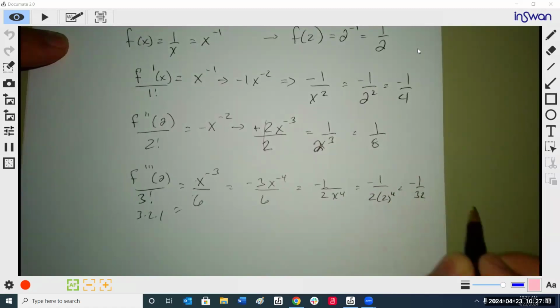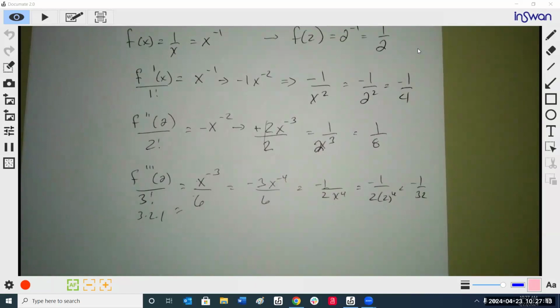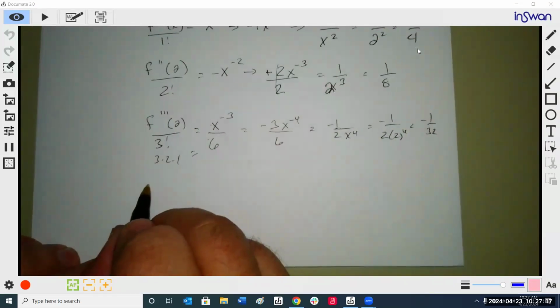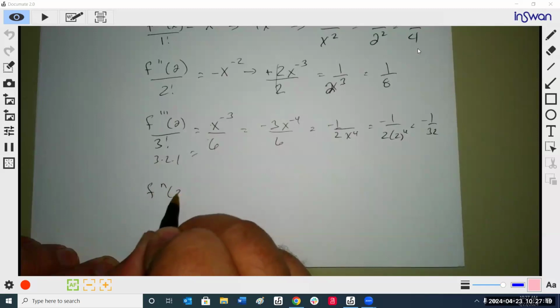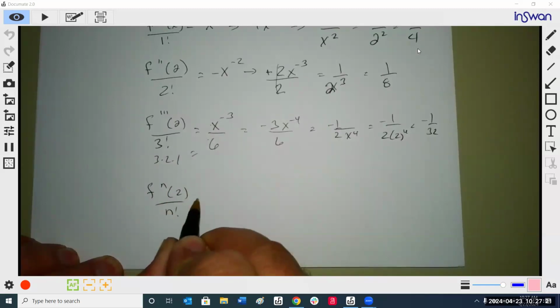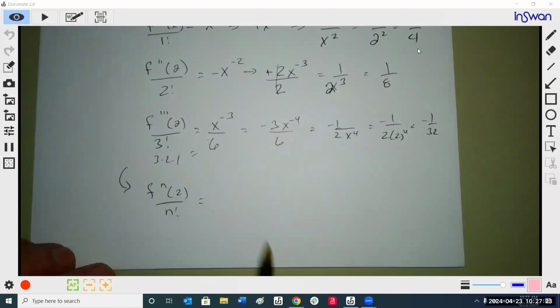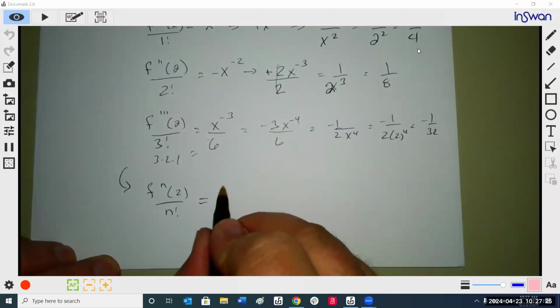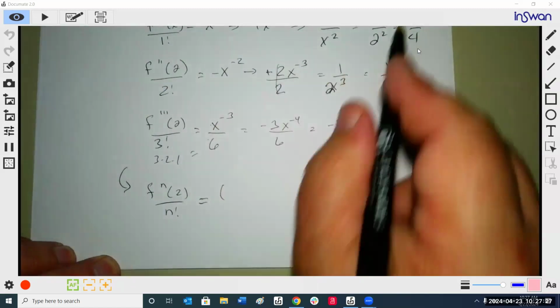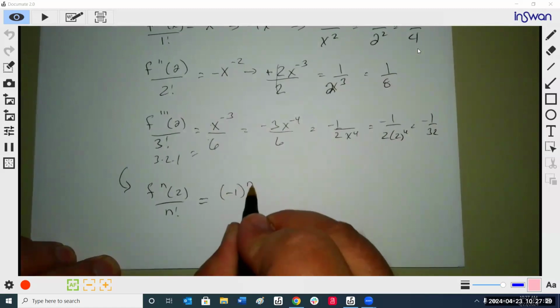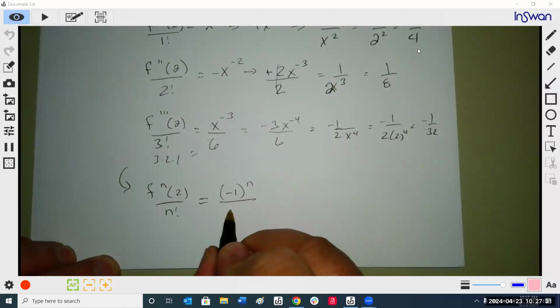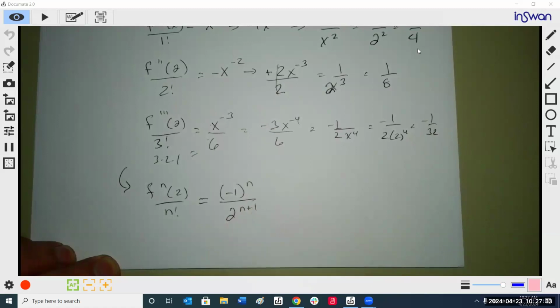Negative 1/32. So we'll go all the way to n, and we see that our values alternate signs over 2 to the power n plus 1, because we have that extra 2 on the bottom now.